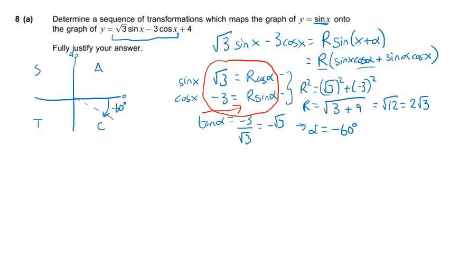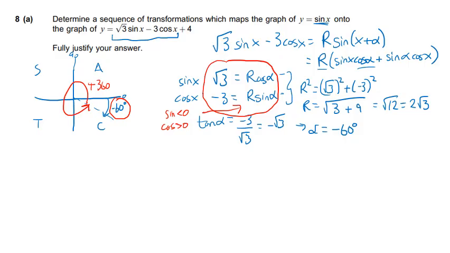So this tells us that sine is negative, because it's negative 3, and the cosine is root 3 over r, so that's a positive number. So we're in the region where cosine is positive and sine is negative, so that is the fourth quadrant. So we are on the right one, so minus 60 is fine. If you want to, you can add 360 onto that and express the answer as 300 degrees, but it doesn't really make a difference.